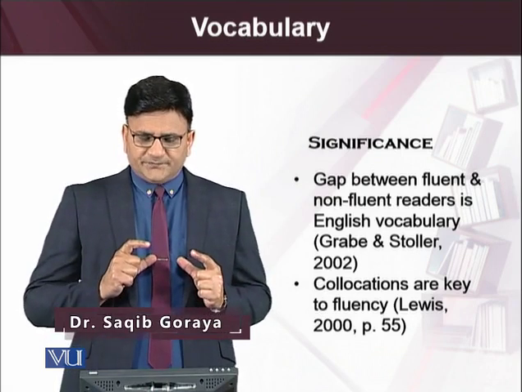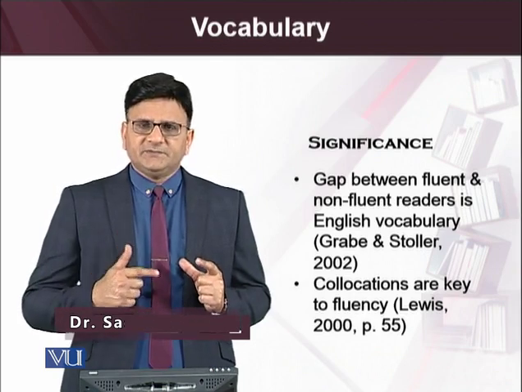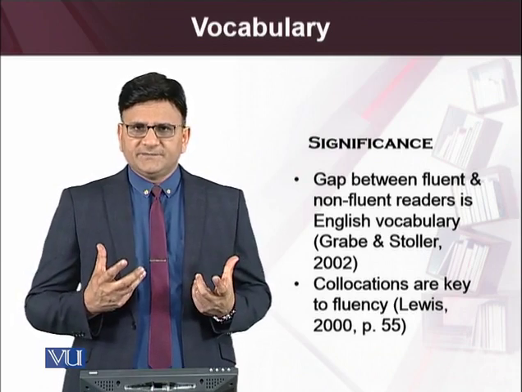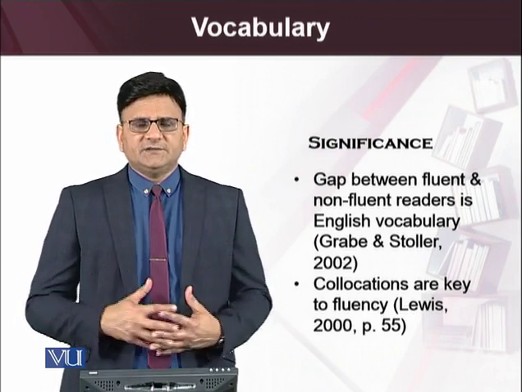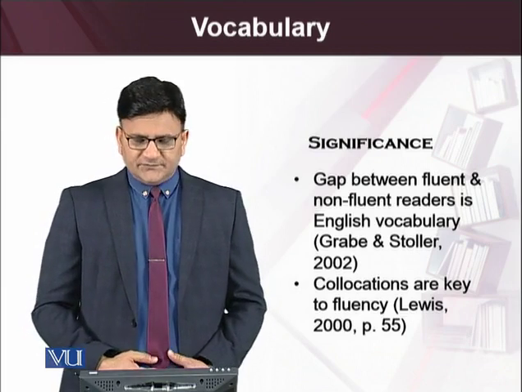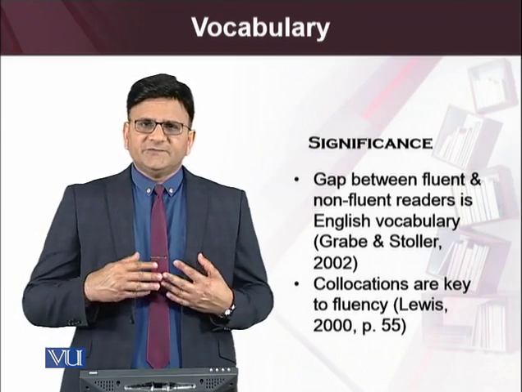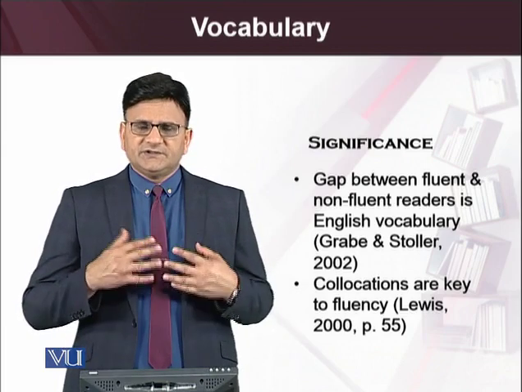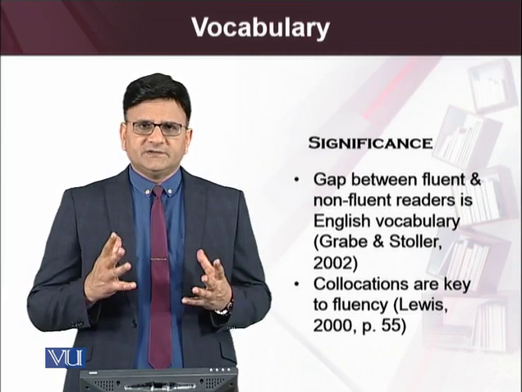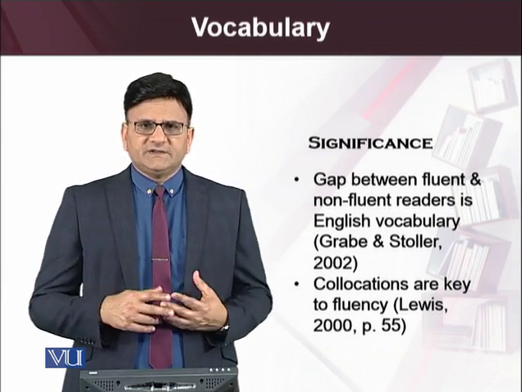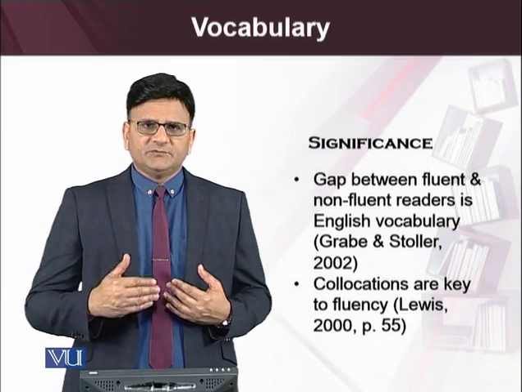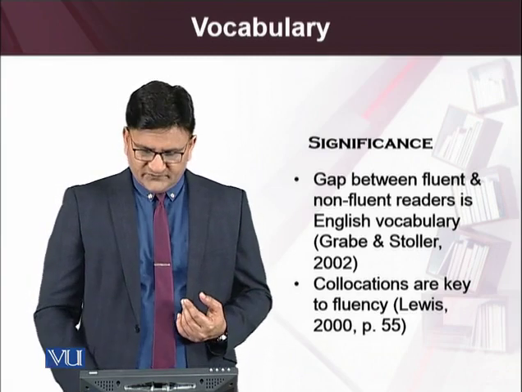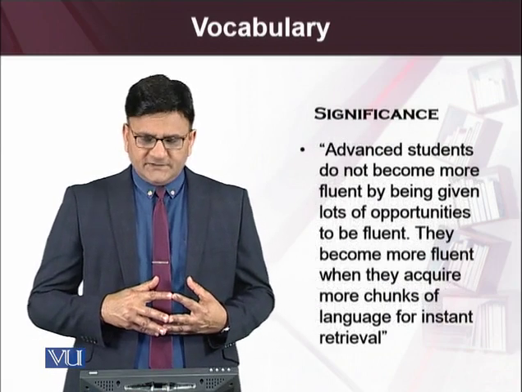Okay, so in this regard, Grabe and Stoller suggest that collocations or chunks of language can be considered important to develop fluency, because if reading is collocation based, or based on chunks of language, or some units of language, then students may become more fluent and they may store more words and retrieve them when they are faced with problems. So let's have a look.